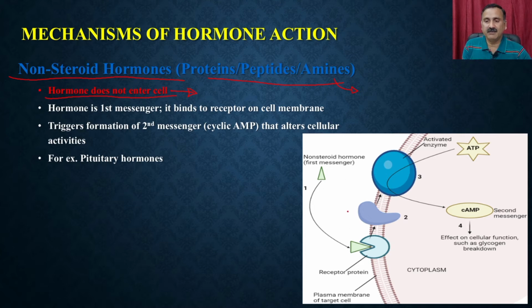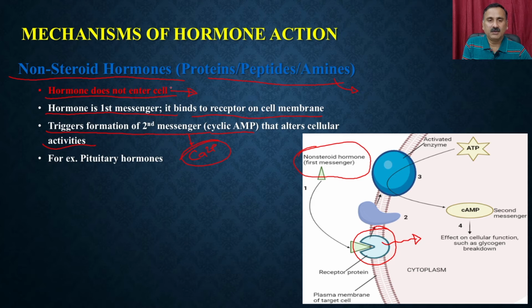Non-steroid hormones will bind to the receptor present on the cell membrane, and then this receptor is going to have downstream signaling, and that's how it is going to affect the protein production within the cell. So the hormone is the first messenger. It binds to the receptor on the cell membrane, then it triggers the formation of second messengers, for example cyclic AMP or other kinds of secondary messengers like calcium and so on, and that's how it is going to alter the cellular activity.